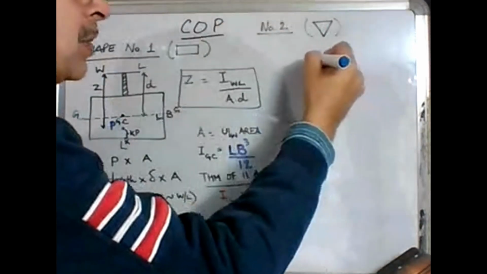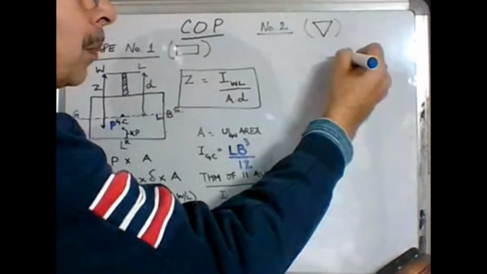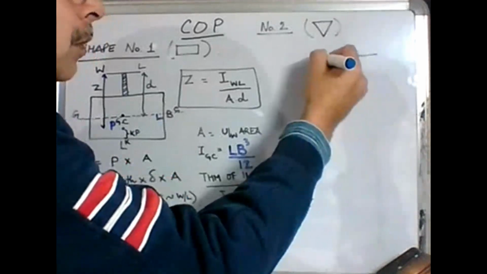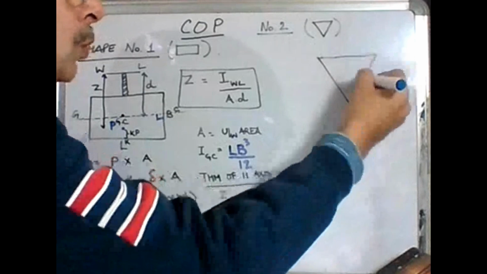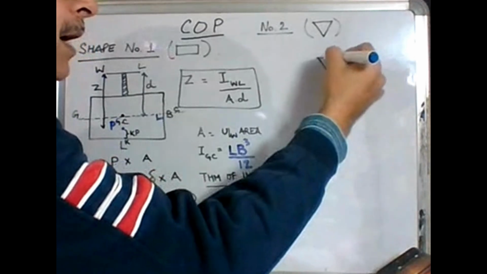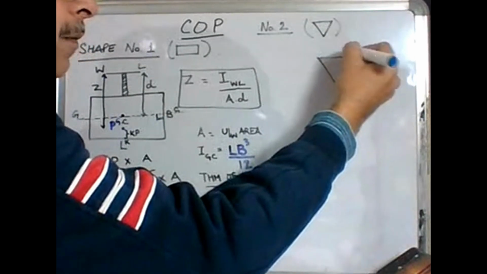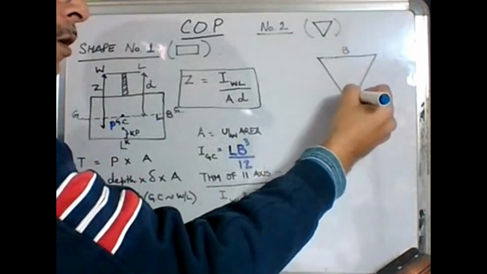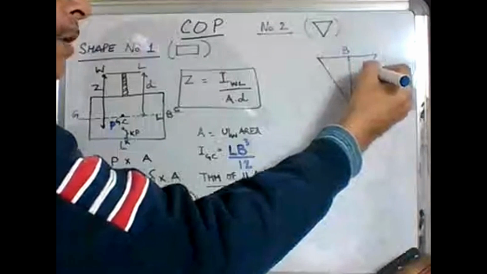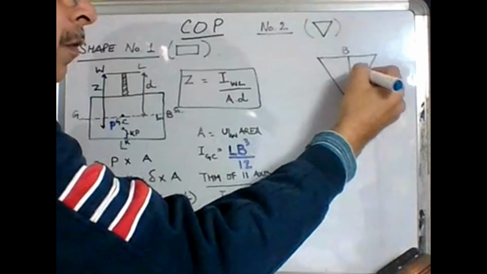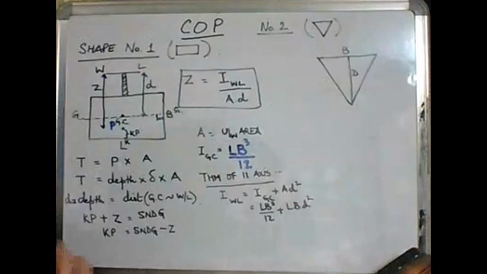So a triangle with apex downwards, a triangle whose breadth is B and whose depth is capital delta D.